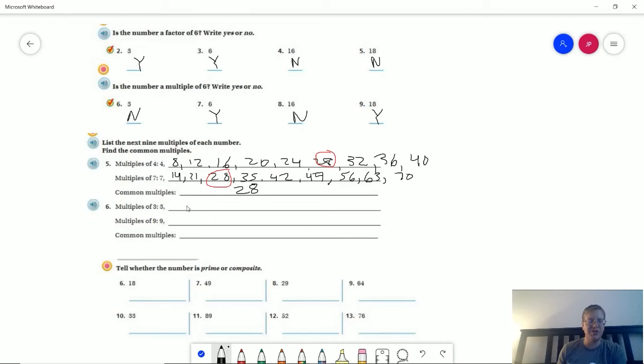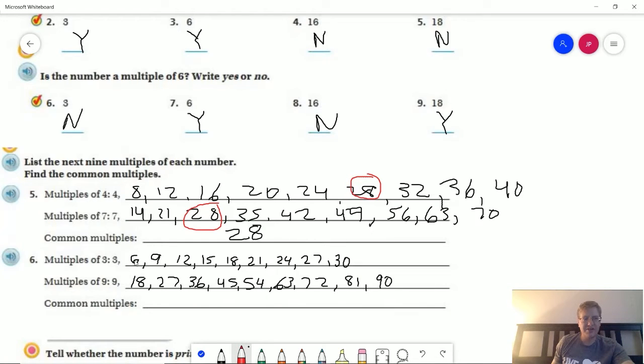Now we're going to do multiples of 3 and multiples of 9. The multiples of 9 are going to end up being multiples of 3 as we keep going. So this would be our match with our first multiple of 9. Here's our list. We are going to find that our multiples of 9 are also going to be multiples of 3.